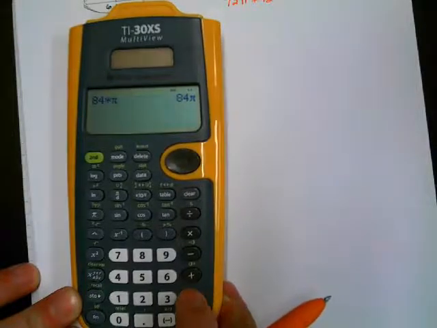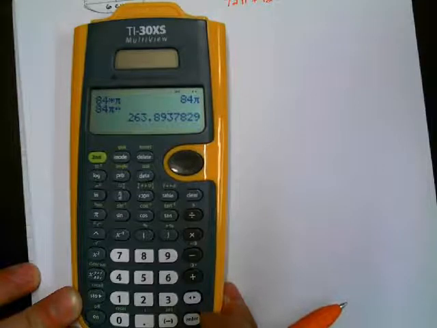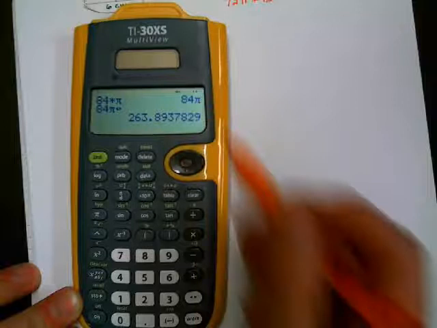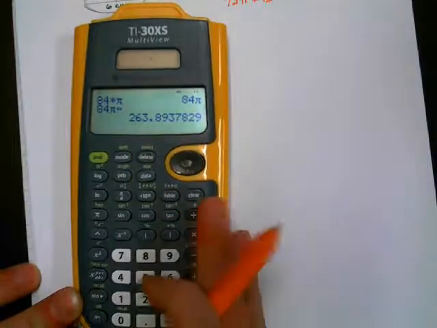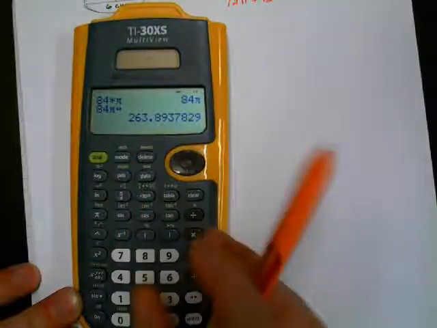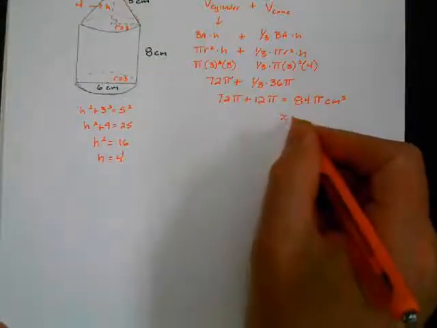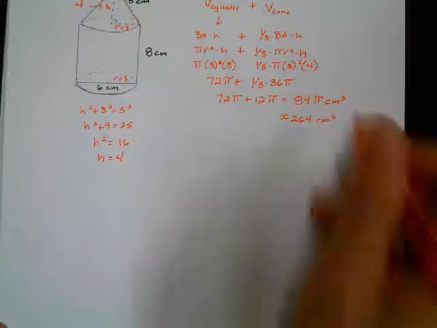And it tells me that's about 263.89. It's obviously not exact because pi, you can't write down the number. So we're just going to round that to the nearest whole number. Okay, so that's going to be 264. So this is approximately 264 centimeters cubed. All right, there you go.